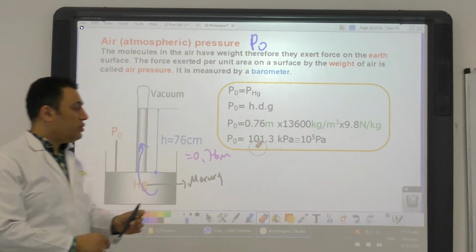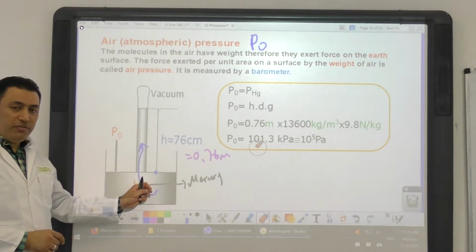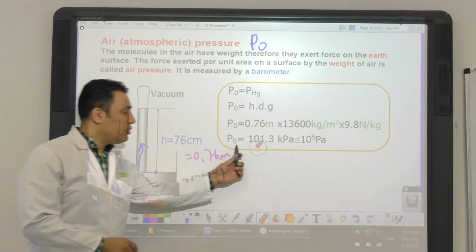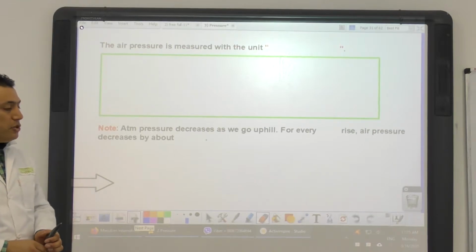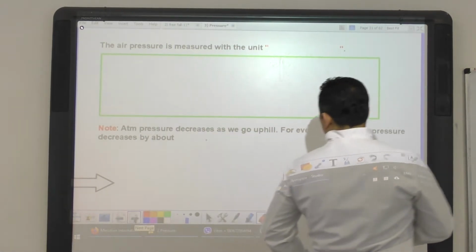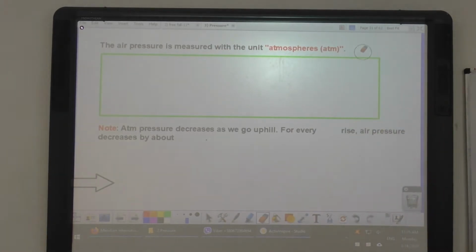So air pressure is calculated with the help of liquid pressure, and it is equal to 100 kilopascals or 10 to the power of 5 pascals. Air pressure is measured with the unit of atmospheres or atm.